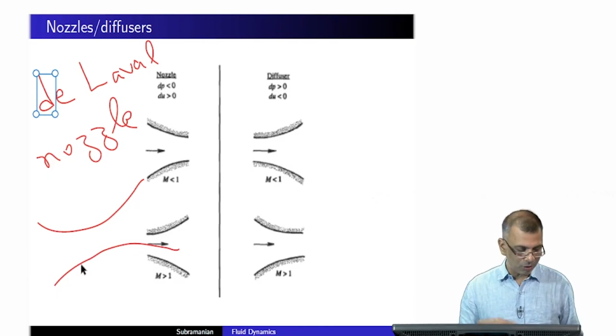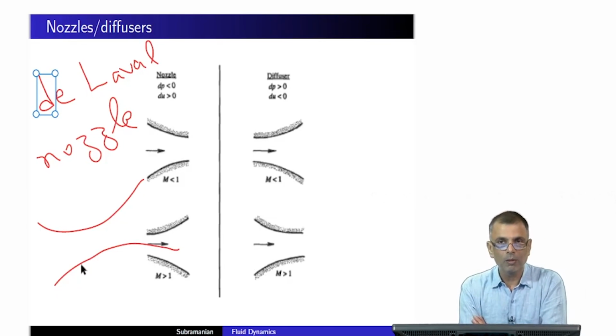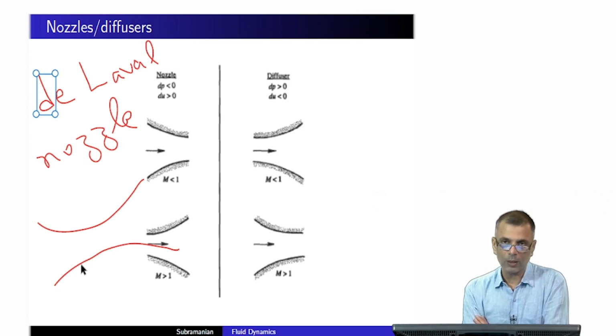The concept of the de Laval nozzle was thought of and studied extensively in such engineering applications. But as we will find out when we meet next, it has important applications in astrophysics as well, in trying to understand astrophysical jets. So that's it for now.